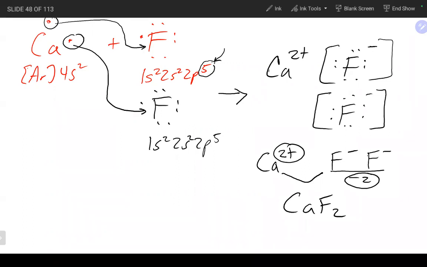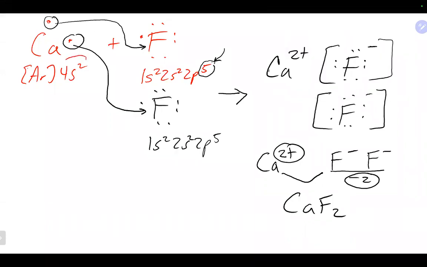Our calcium here was able to get rid of both of these electrons, one to each of the fluorines. That means that this guy right here ends up with argon's electron configuration. Each of the fluorines pocketed one electron right there in the p subshell, and each of those fluorines was able to achieve 1s2, 2s2, 2p6, which is neon's configuration.